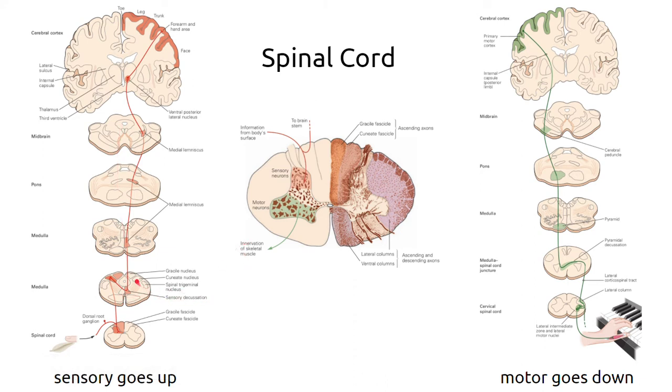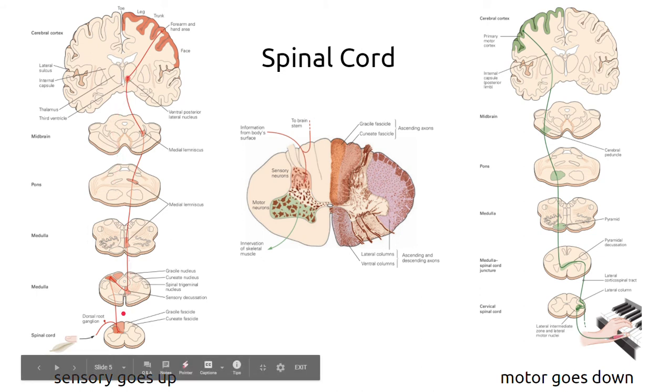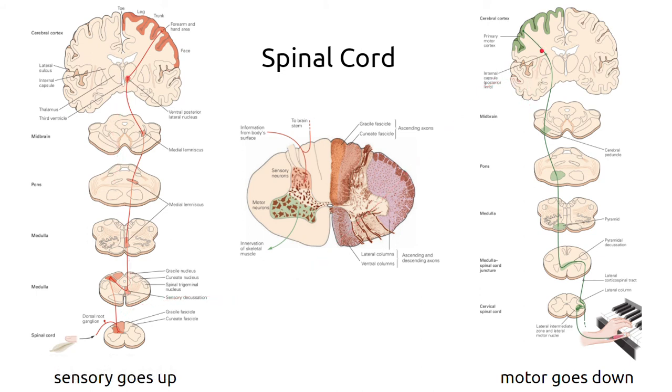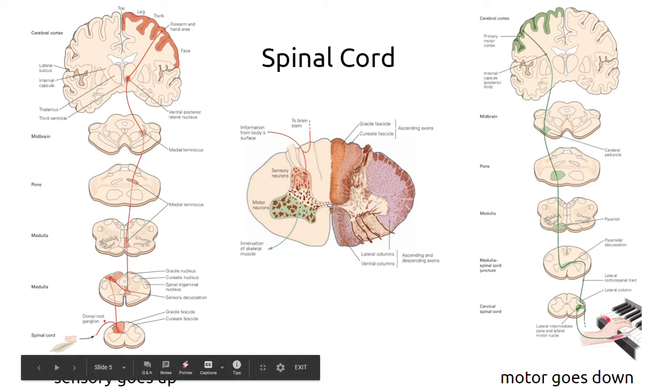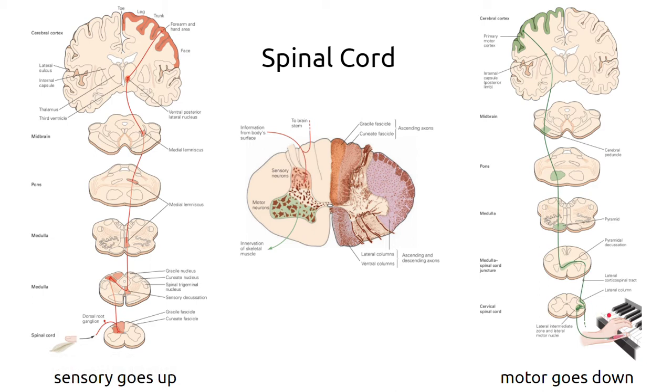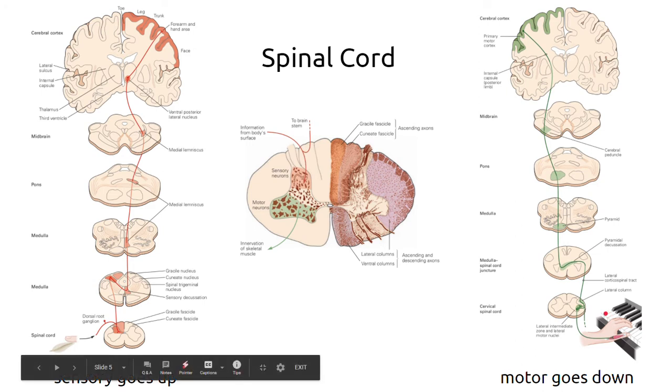And then there are these long axons that project sensory information up to the brain. The brain figures out what to do with that information, and then there are long axons on this side that send information back down. Depending on where they're going, that axon comes out and starts connecting to the muscles in the right location.